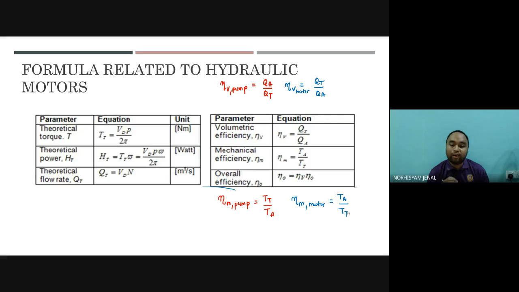Now, when we do actual work, because of friction, because of losses and everything, sometimes it requires you to have higher amount of torque compared to the theoretical. So normally, in terms of pump, mechanical efficiency, it requires more torque, so it means that we are dealing with a higher actual torque.